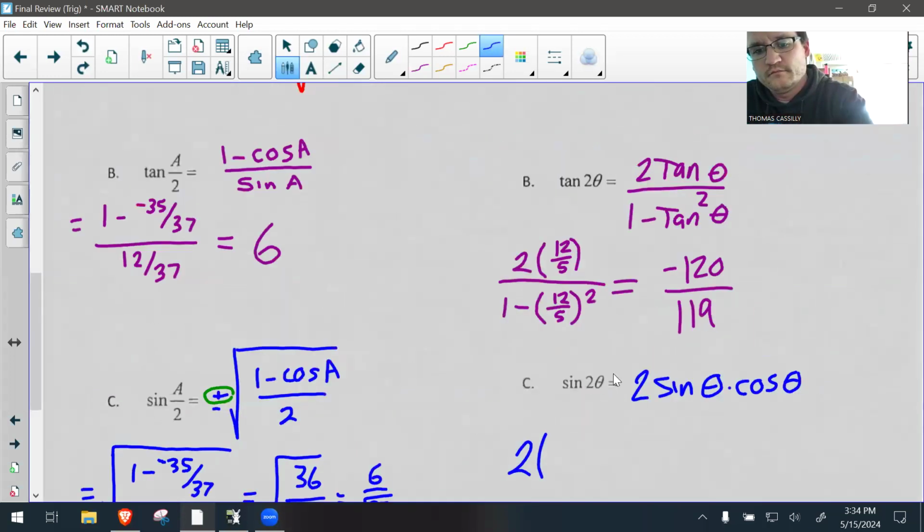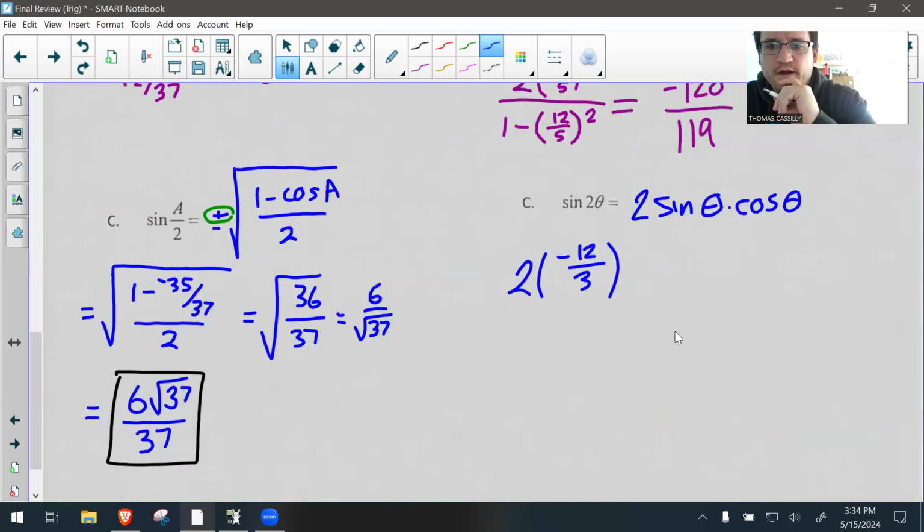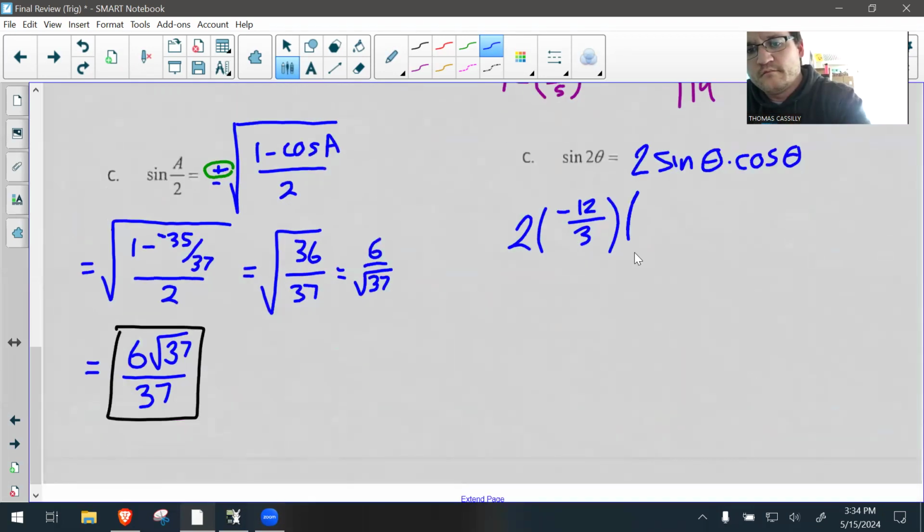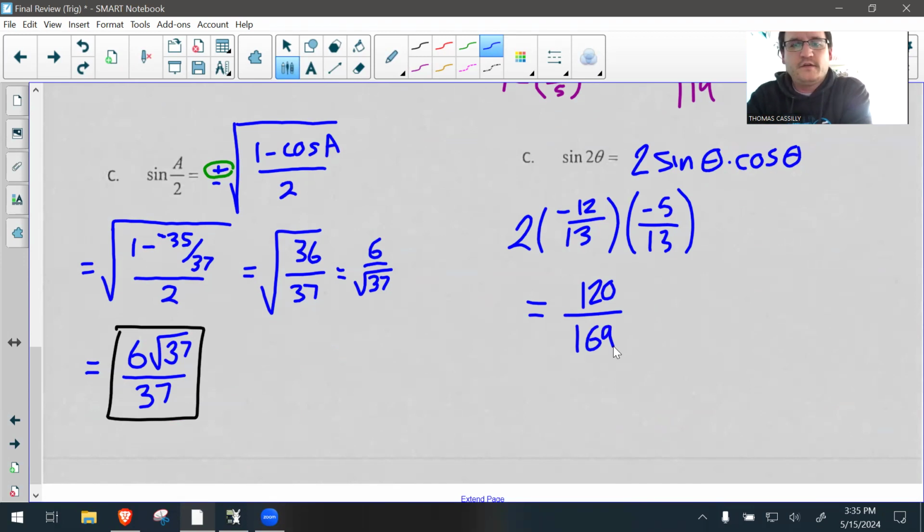It's -12/13. The cosine is -5/13. We're going to have 2 times 60, which is 120 on top, and then 169 on bottom. And there we have it.